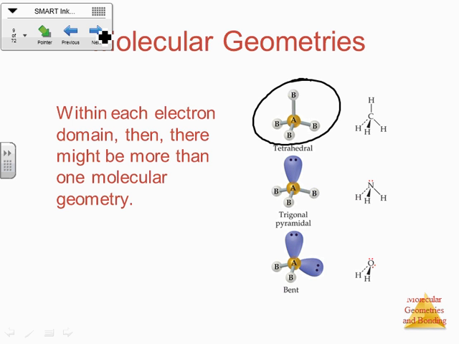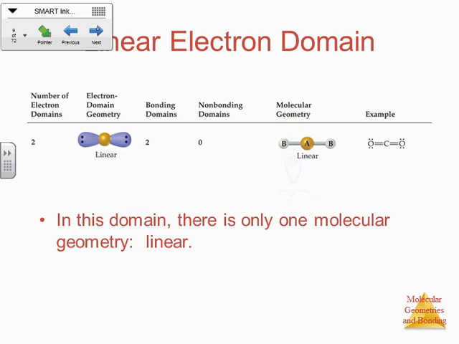Now if you have 1 lone pair, like NH3, that's going to be trigonal pyramidal. Okay, and then you could also have 2 lone pairs here, and if you have that, then you're going to have a bent structure like water. Now those bond angles are all going to be fairly close to 109.5, but not exactly.